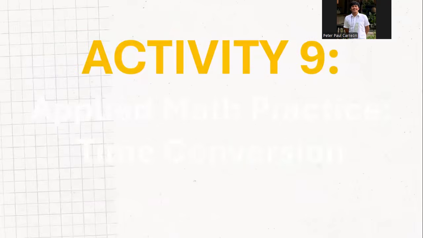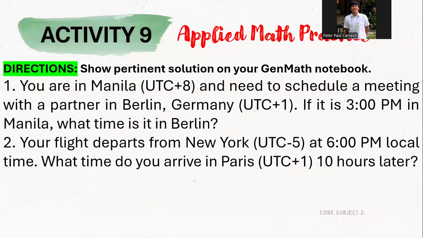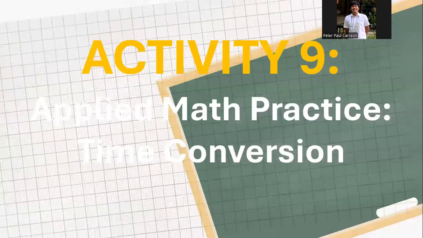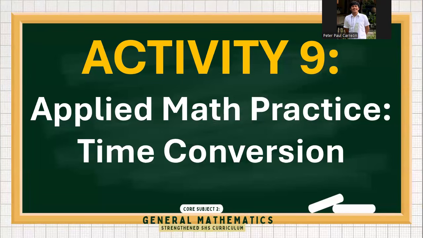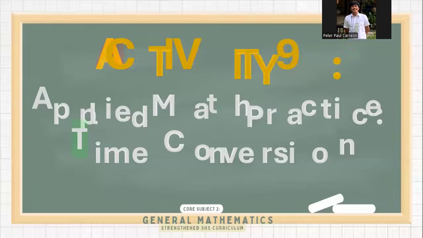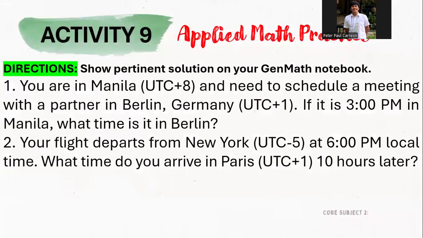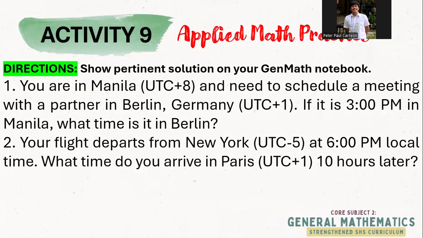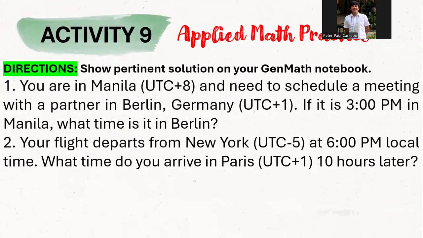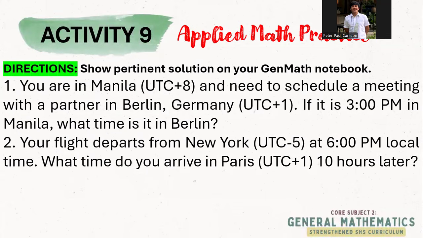Now for our activity number 9, we will have applied math practice regarding time conversion. For activity number 9, you are in Manila, which follows UTC plus 8, and you need to schedule a meeting with a partner in Berlin, Germany, in Central Europe Standard Time, which follows UTC plus 1.